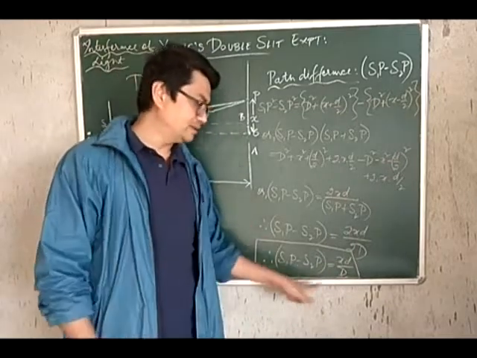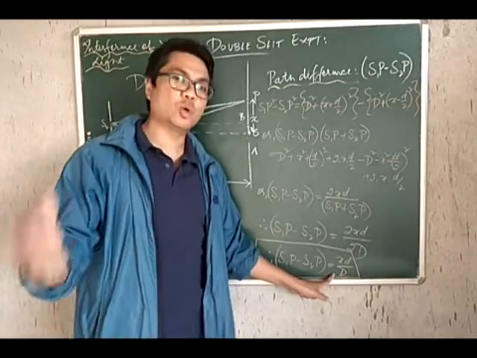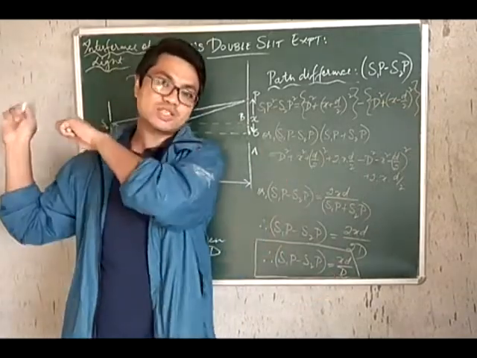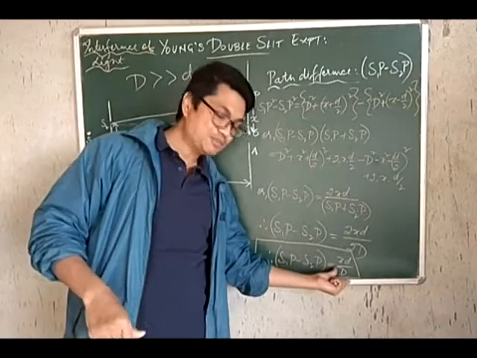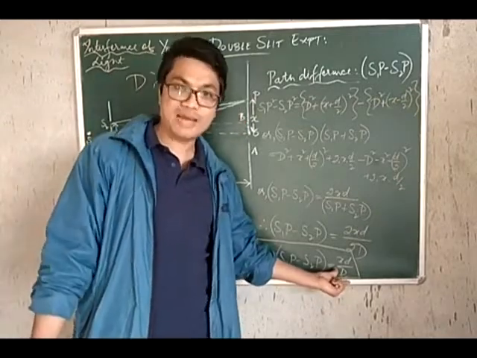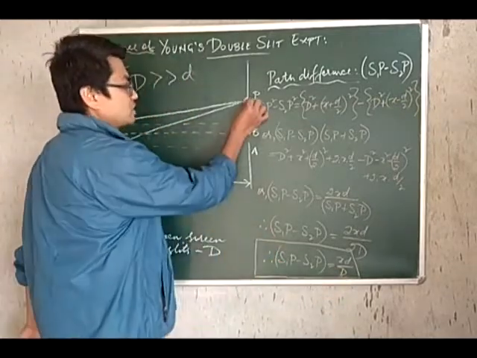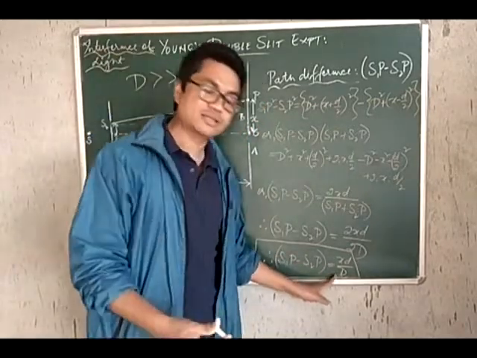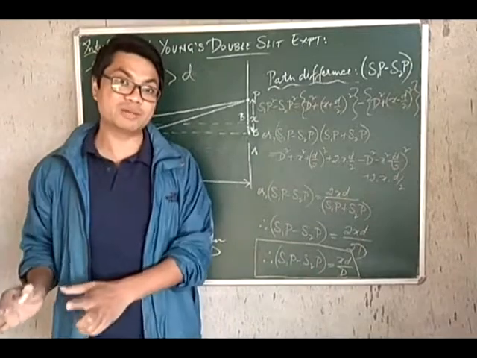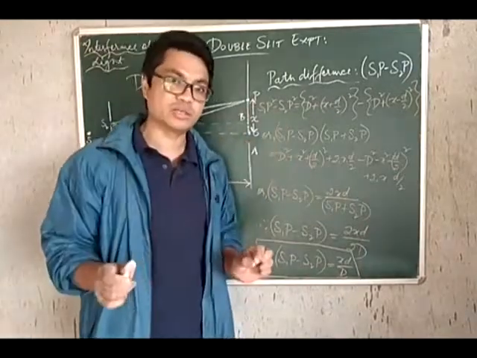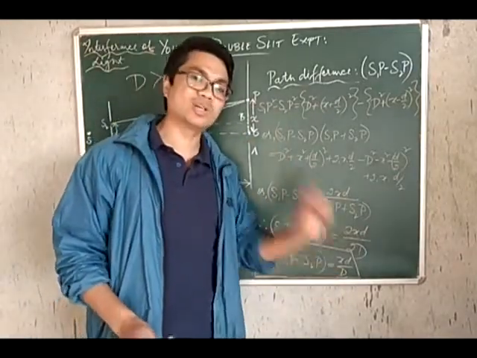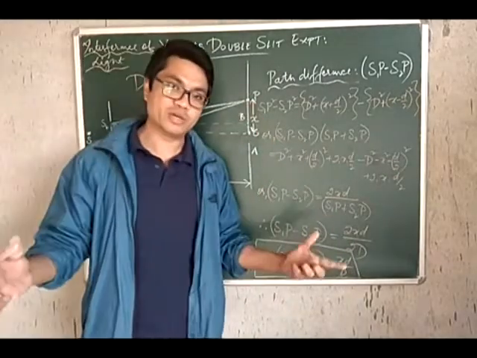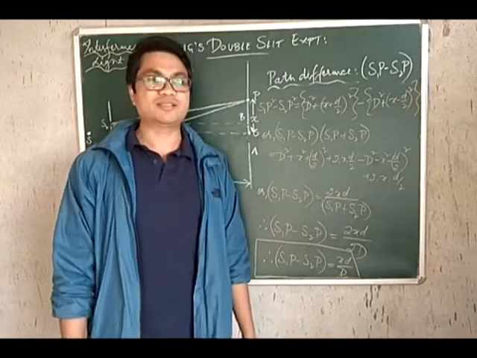Now, if this path difference is a whole number multiple of lambda, then from the condition for constructive interference, we get a constructive interference at this point. Whereas if this path difference is an odd number multiple of lambda by 2, from the condition for destructive interference, then at this point P we are going to get a destructive interference.